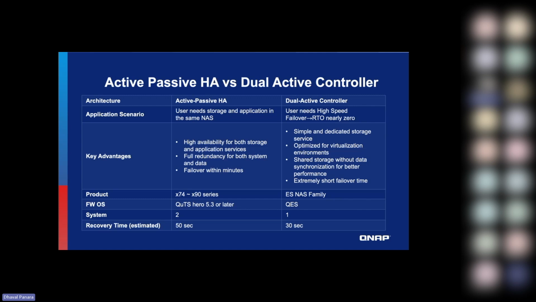Everything is automatic. The recovery time on active passive HA is about a minute, and on dual controller it's 30 seconds. So pretty fast on dual controller, but that again is mainly for enterprise. Since it's an active passive HA, it's about 50 seconds of recovery time when switching over the system.